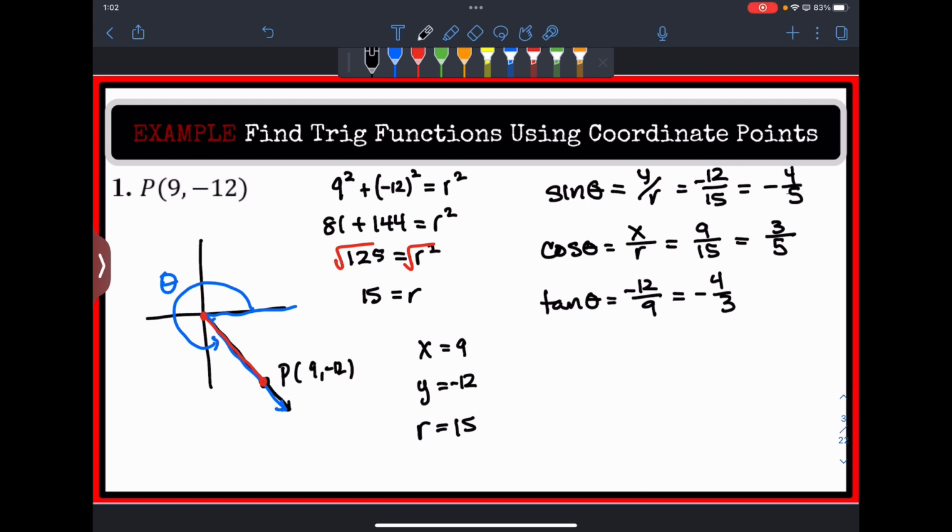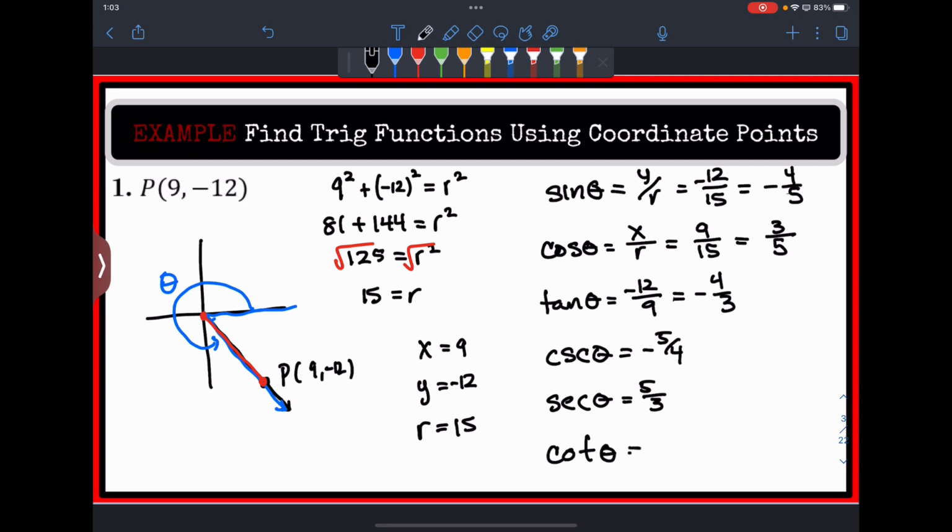Now the other 3 trig functions are simply the reciprocals of the first 3. So the reciprocal of sine is cosecant, so that's going to give us negative 5 over 4. The reciprocal of cosine is secant, and that is 5 over 3. And finally, the reciprocal of tangent is cotangent.